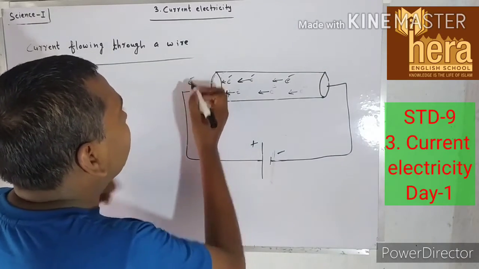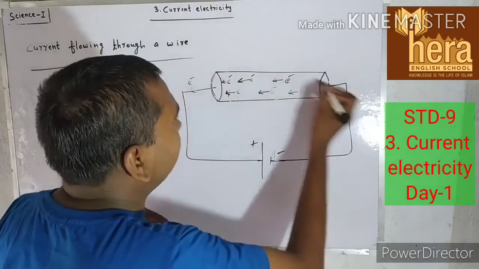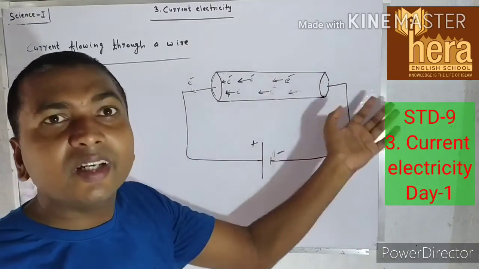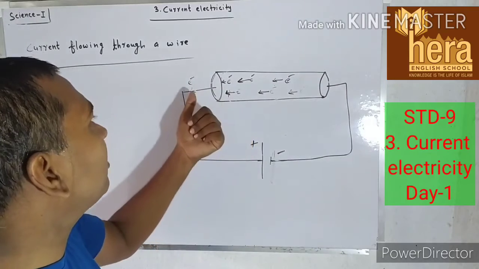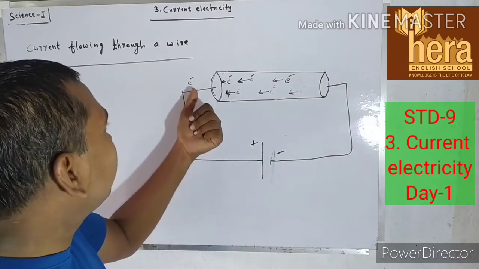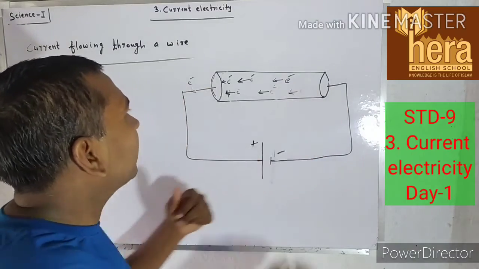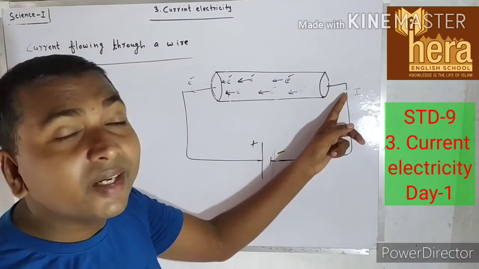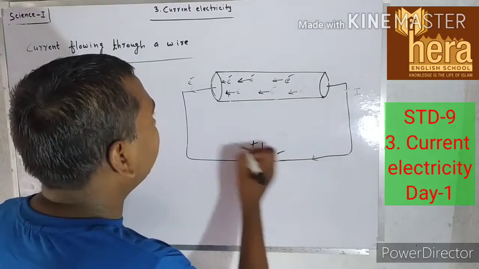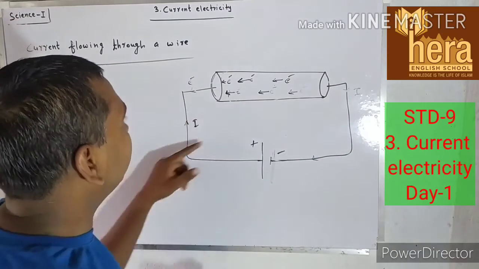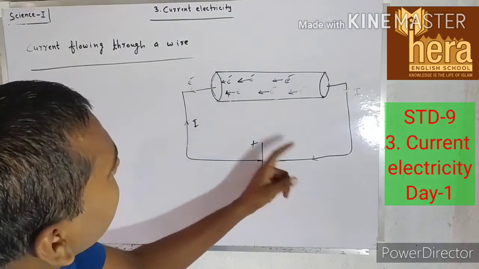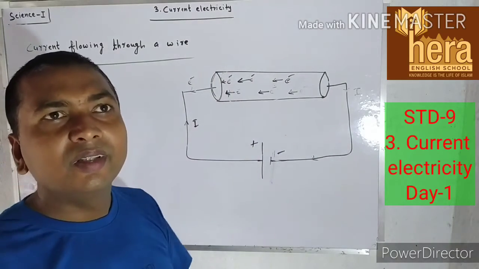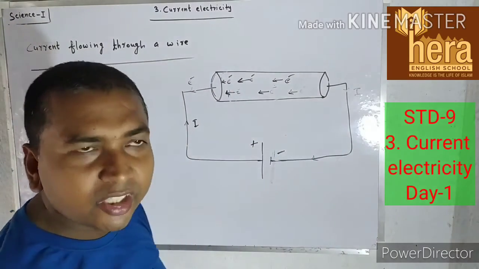This is the direction of electrons, but current will flow opposite to it. The conventional direction of current is opposite to the direction of electrons. See, electrons move in this direction, but current flows in this direction. Current is represented by capital I. So this is the direction of current and this is the direction of electrons, because electrons and current move opposite to each other.